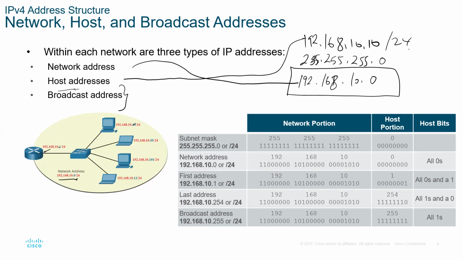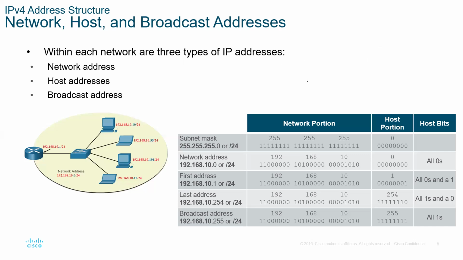The interface here is .1. The broadcast address: let's get into it. What is the broadcast address, provided I know what the network is? The network is 192.168.10.0/24. It means the network address and its subnet mask is 255.255.255.0. That is my network ID.